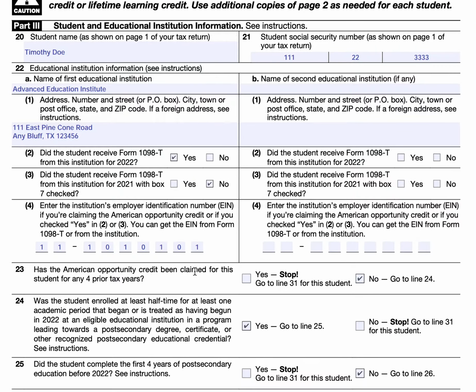Also, the student has to have been enrolled at least half-time towards some sort of degree or certificate or post-secondary educational credential.